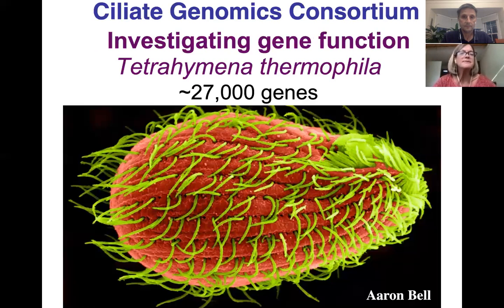Our consortium is organized around exploring the function of approximately 27,000 genes in Tetrahymena thermophila. The Ciliate Genomics Consortium has now engaged thousands of students at about 38 institutions in aspects of gene function research as part of their courses.